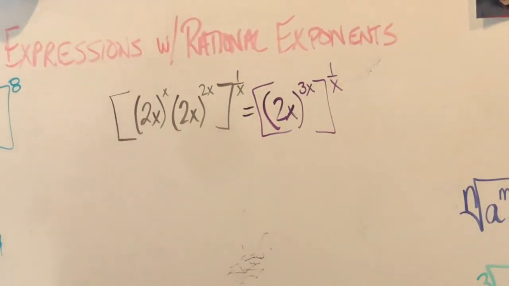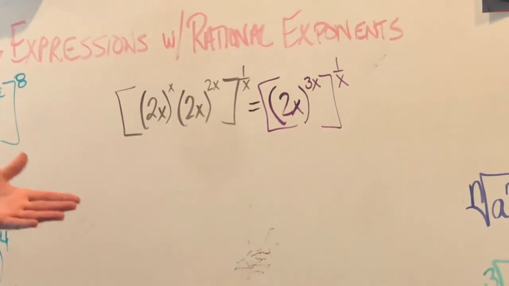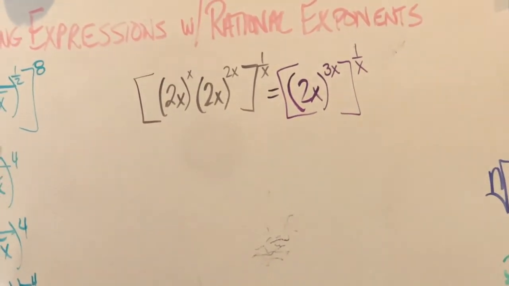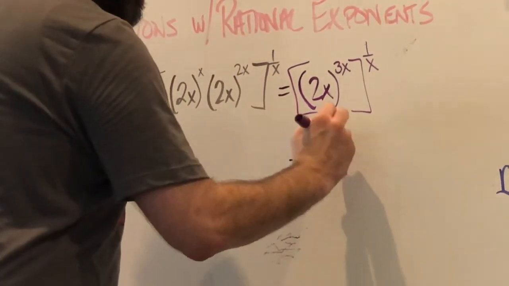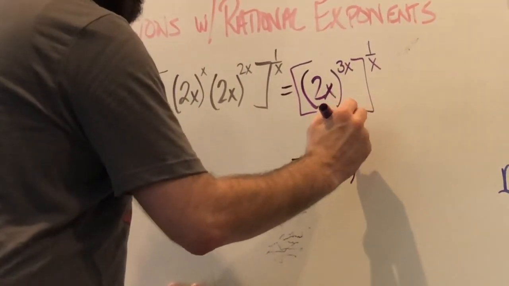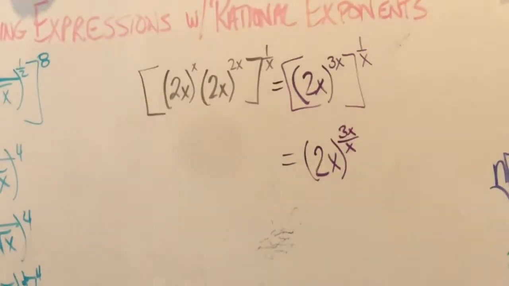Now, I've just got a power raised to a power, which means we do what with our exponents? Yeah, we multiply them. We have 2x to the 3x over x power.